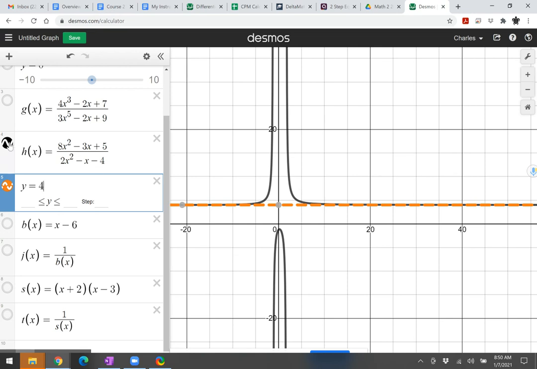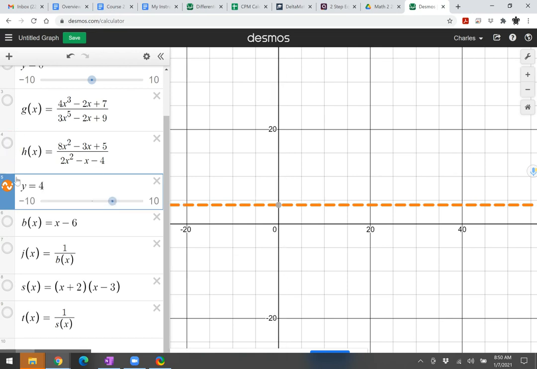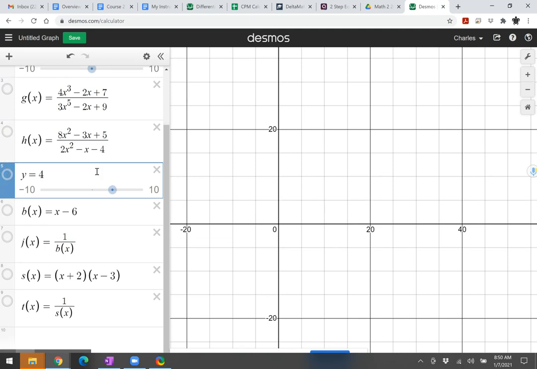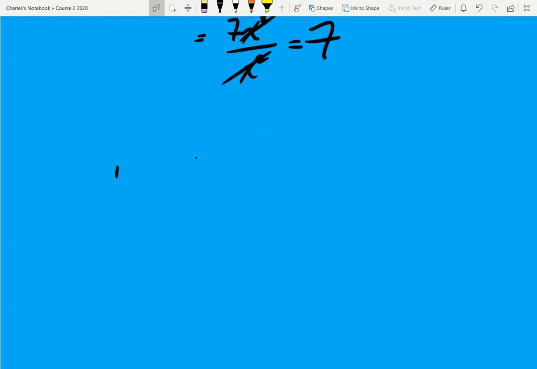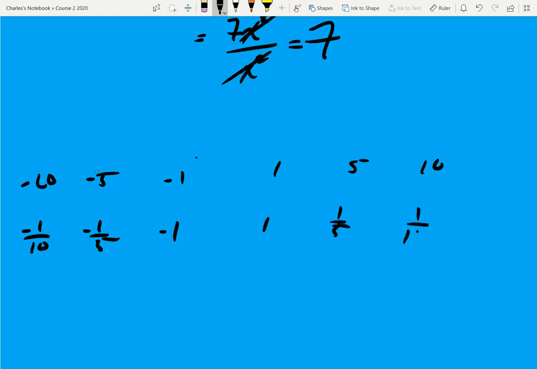And then the second thing that I want to talk to you about is reciprocal functions. What's a reciprocal? A reciprocal is a fraction. So if I have these numbers, let's do some negative numbers: negative 5, negative 1, 1, 5, 10, negative 10. If I take the reciprocal, I have negative 1/10, negative 1/5, negative 1, 1, 1/5, and 1/10.